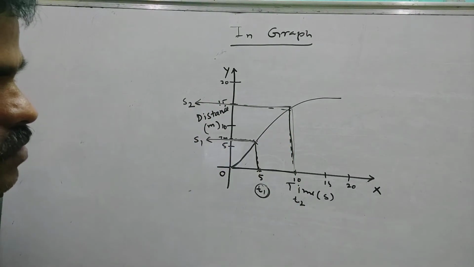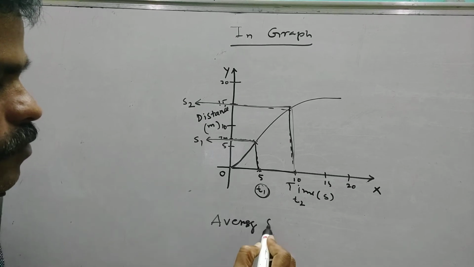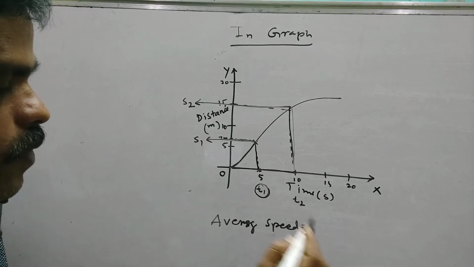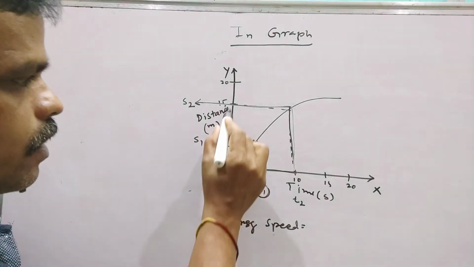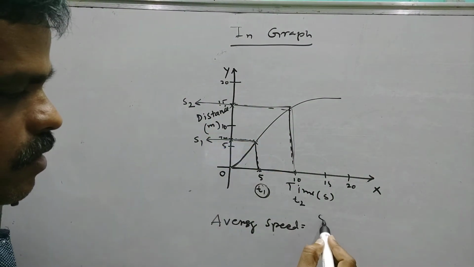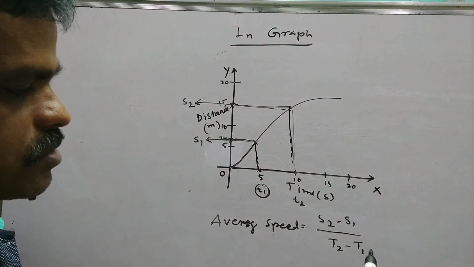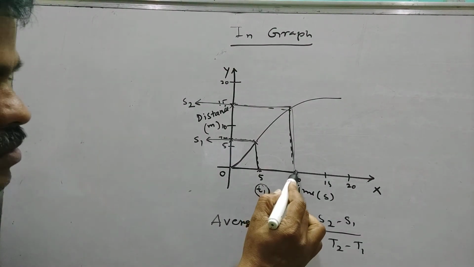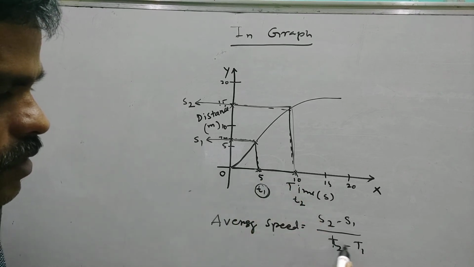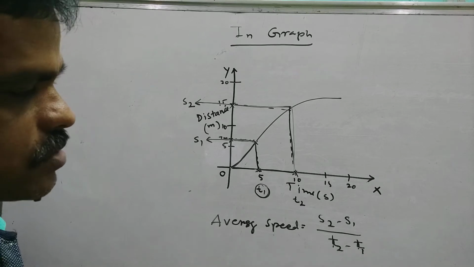By using this information, we can calculate average speed, that is S2 minus S1 by T2 minus T1. So this point minus this point. We can write like this, small t.